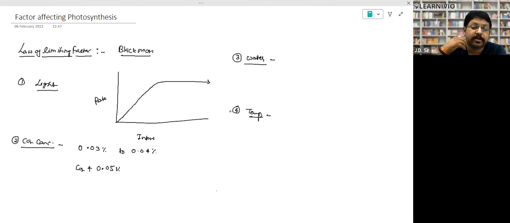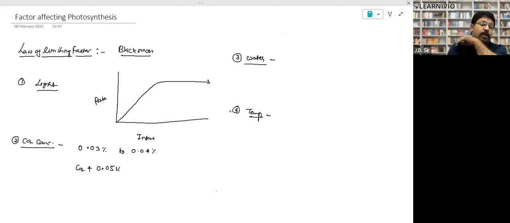So the law of limiting factor says the component or compound which is present in the least amount will decide the rate of the reaction. Concentration of carbon dioxide: it is normally present at 0.3 to 0.4.